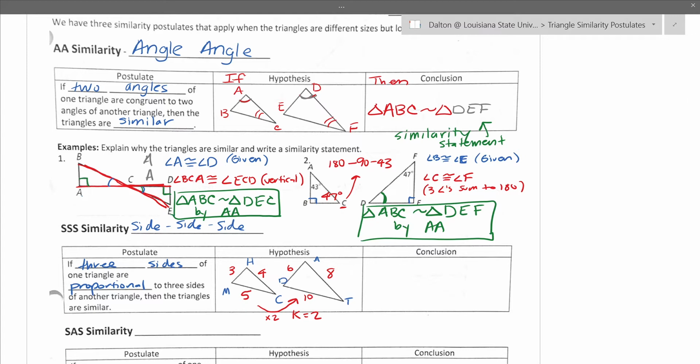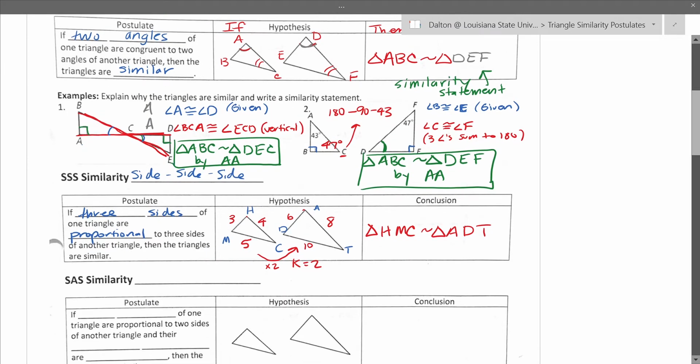When that happens, we can conclude triangle HMC is similar to triangle. Again, I don't care how you name the first shape, as long as the second shape corresponds to it. So, and these shapes are already in the same orientation. So H is on the top as A is on the top. So it's going to be A, D, T.